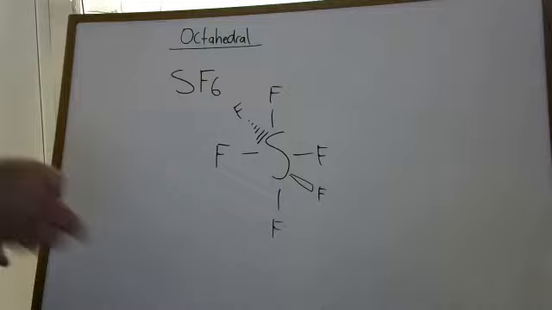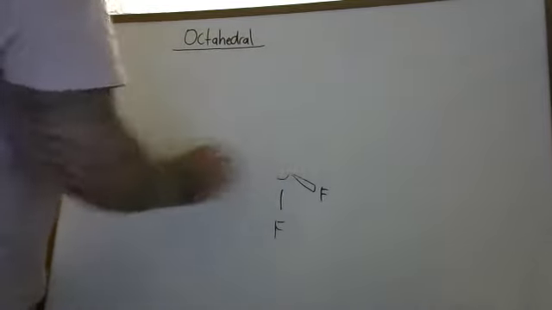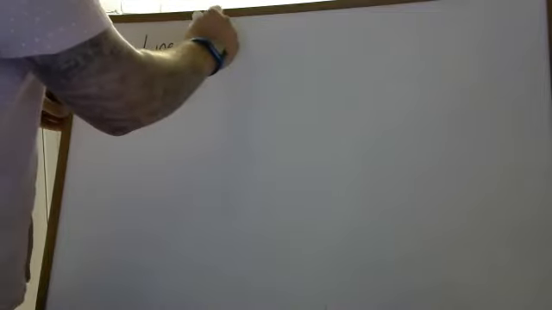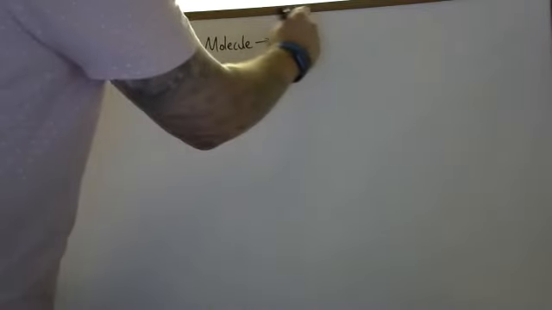All right, let me go through that again with just my tutor. Generally speaking, for a linear molecule, there's 2 pairs.